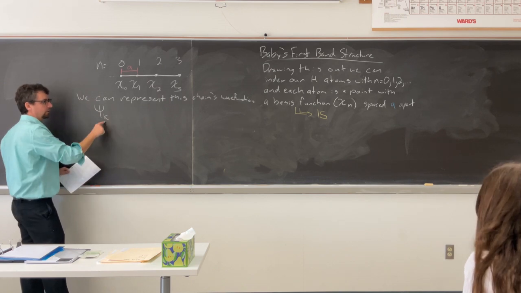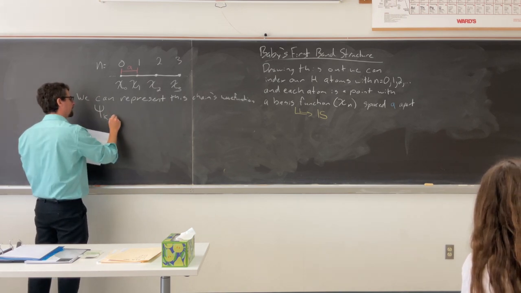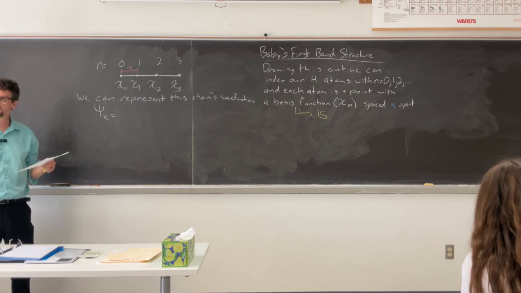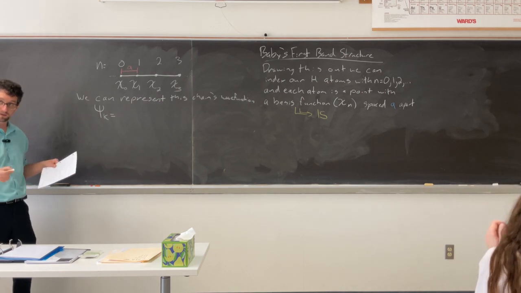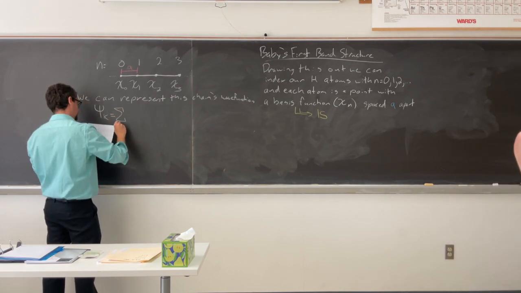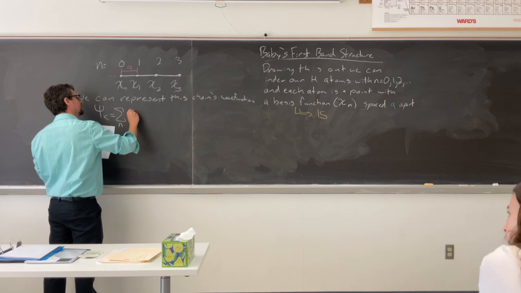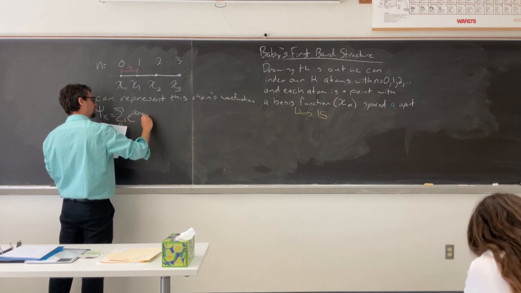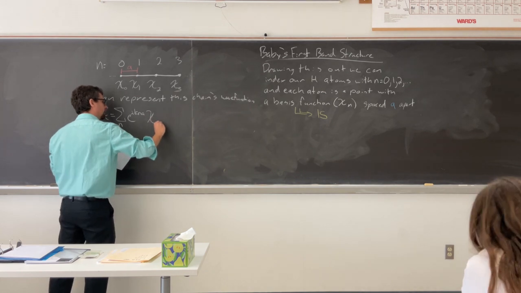So I have k, a lowercase k. We're not going to talk about what k is quite yet, but we will use different values of k. The wave function psi_k is equal to the summation over n of e to the i k n a chi n.